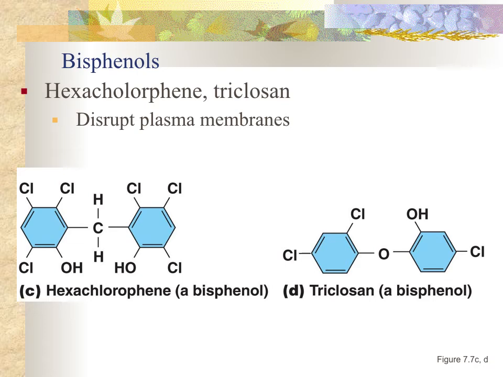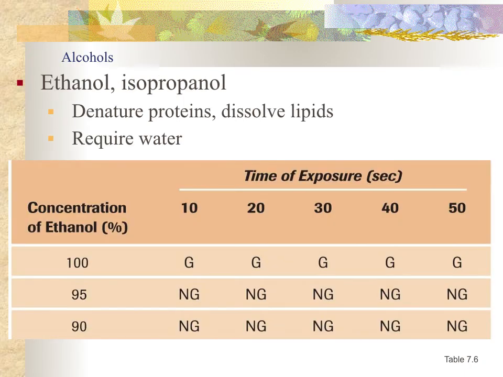There's also other things we can use on skin like bisphenols and hexachlorophene and triclosan. These are really good for the hospital. We don't really need anything this strong in our houses, but in the hospital, these are really helpful. What's more useful for us are disinfectants that are less toxic, that we can use on skin surfaces and other surfaces, and that can easily be removed.